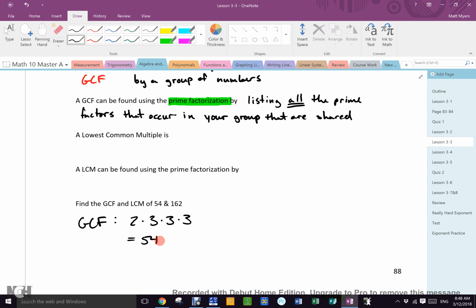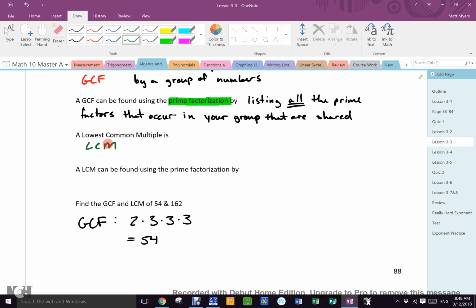The next thing that we're going to do is more problematic. You already know how to do this from the process of lowest common denominator. To find the lowest common denominator of a fraction, you are indeed finding the lowest common multiple, the LCM, which I'm going to write in green. All right?